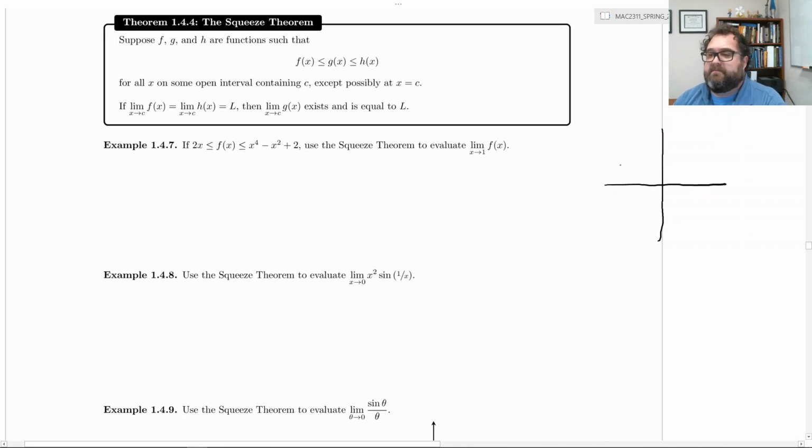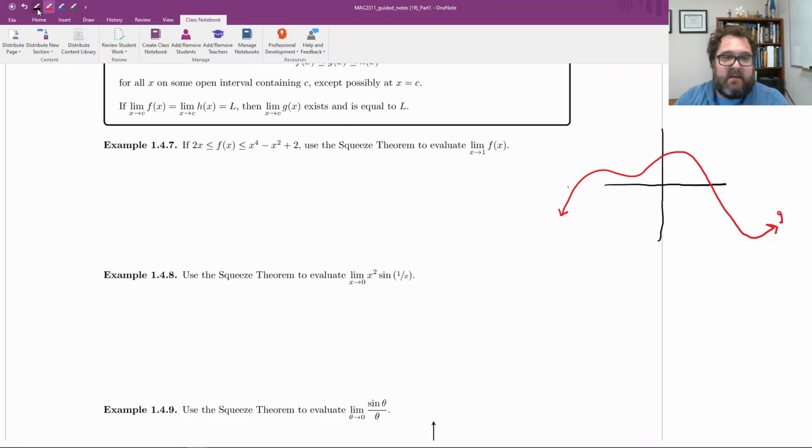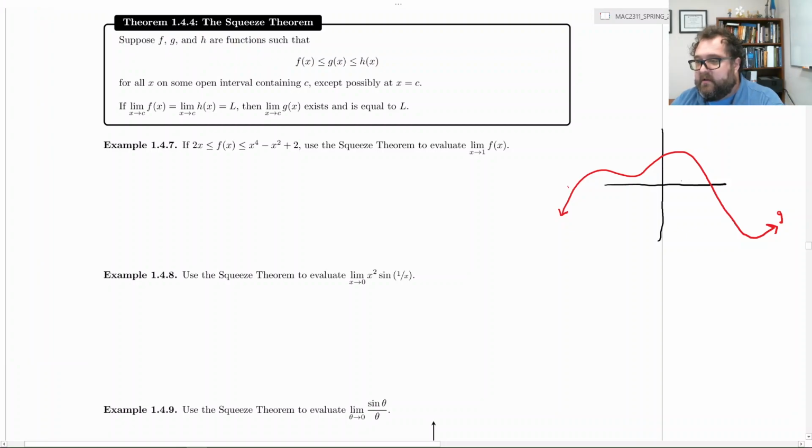Let's do the g first. So we have some function, that's g. Okay, so g is in red. And then we are interested in the limit as x approaches, let's call it c. And let's put c right here.